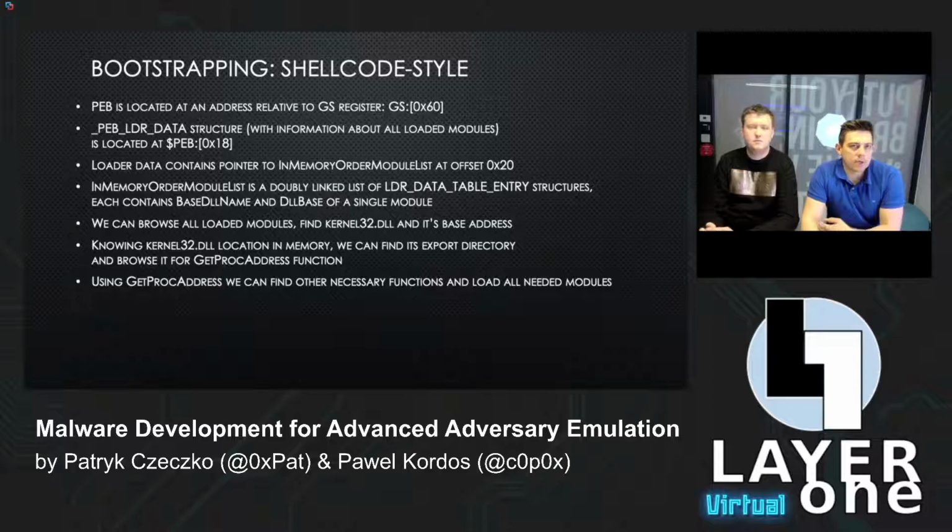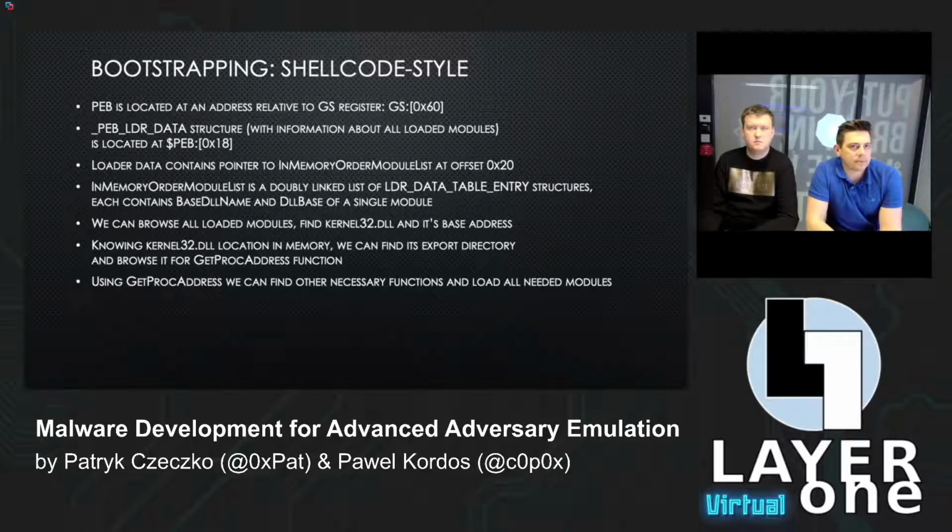And we can take this further and implement this shellcode-style bootstrapping in our application. So to hide those LoadLibrary, GetProcAddress, and GetModuleHandle functions from the import table, we could find all those functions dynamically in memory, just like the shellcode does.